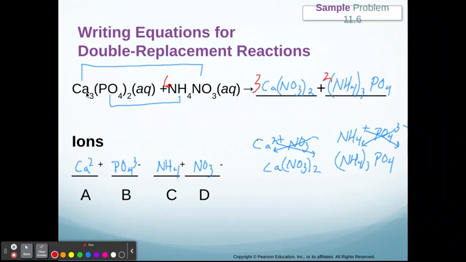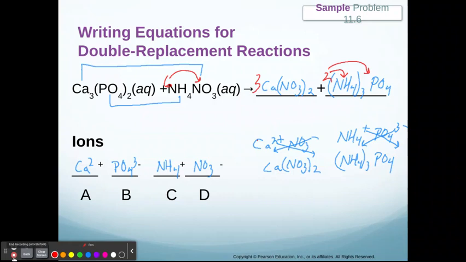Okay, so we have 3 calciums on the left, 3 calciums on the right, 2 phosphates on the left, 2 phosphates on the right, 6 ammoniums on the left, 6 ammoniums on the right. 3 times 2 is 6. All right. I'm sorry, 6 nitrates on the left and 6 nitrates on the right. 2 times 3.